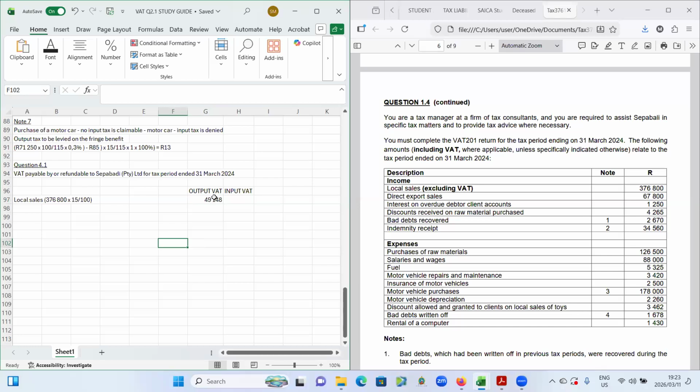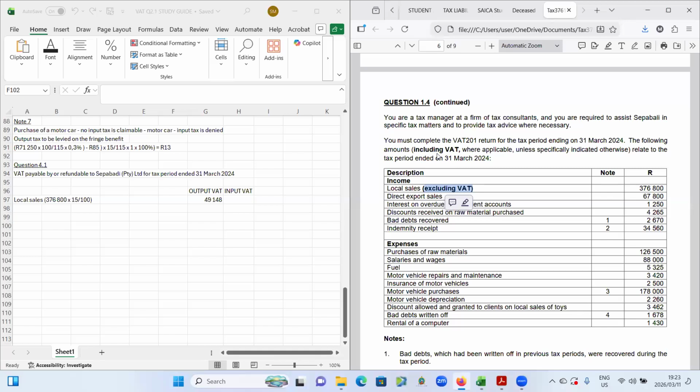On your calculation, I think you forgot to do the 115, not the 15 over 100. Oh, yeah, it's 15. Remember, they specifically stated the amount excludes VAT. Although the amount, they say it includes VAT. Okay, I think we need to fix that calculation.